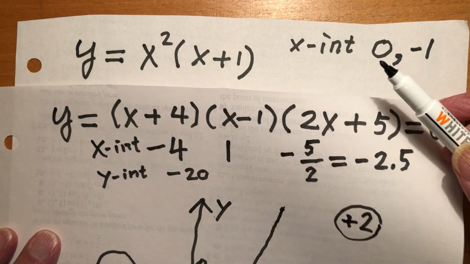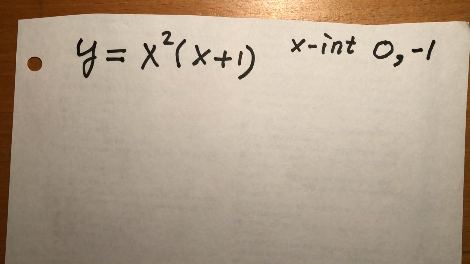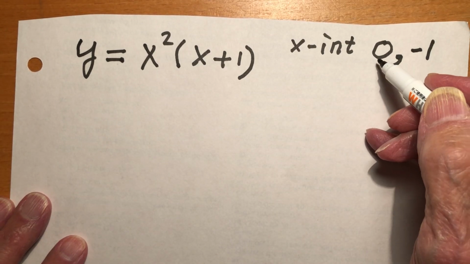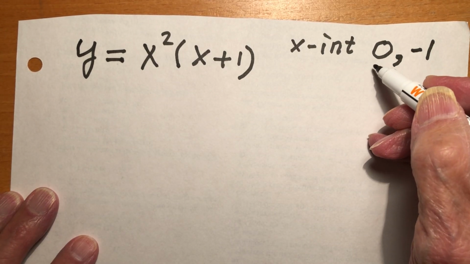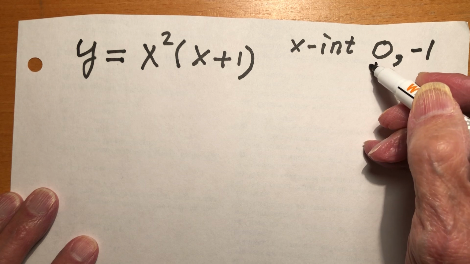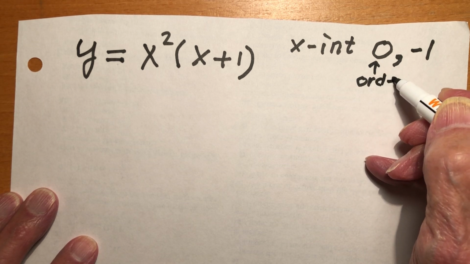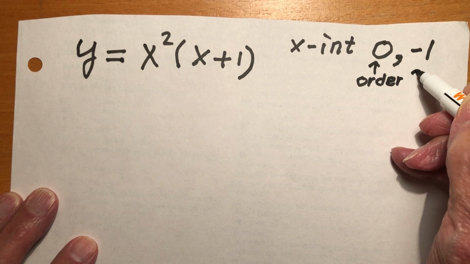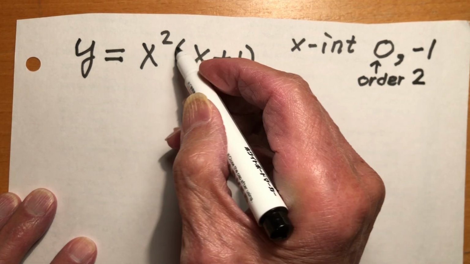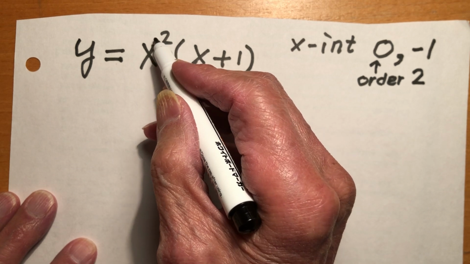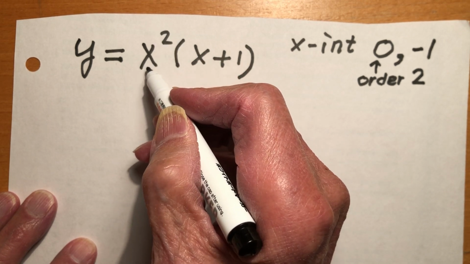So it's slightly different. We call this 0, order 2. This is the order number, order 2, for the intercept 0.